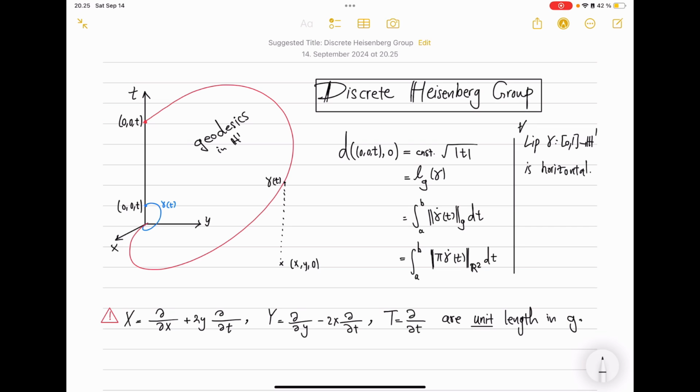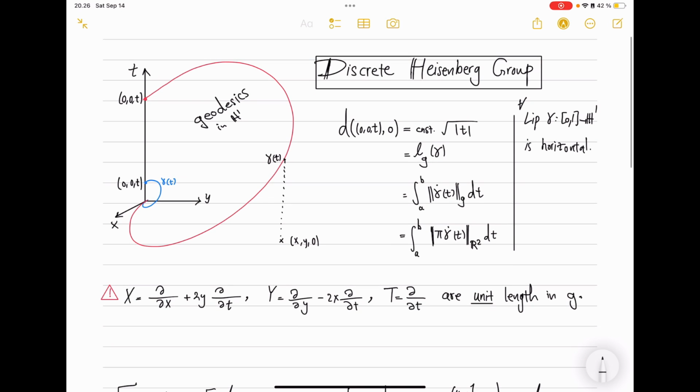People often use the description that we are punished if we go off the horizontal plane in the Heisenberg group, that the length of curves becomes immediately infinite as soon as we leave the horizontal plane. But I like to give a description that is reward-based rather than punishment-based.